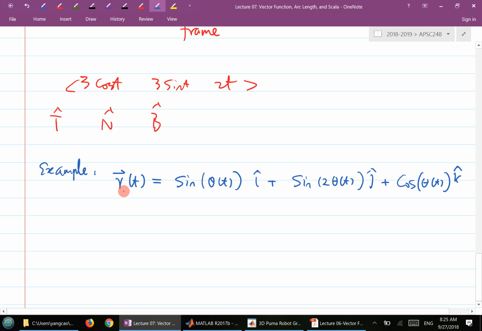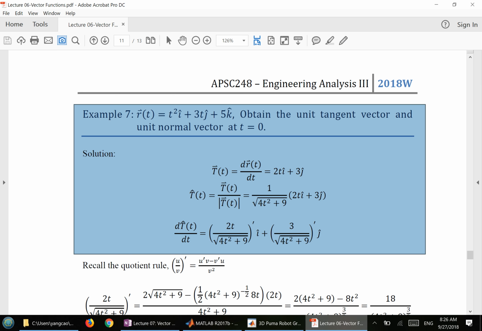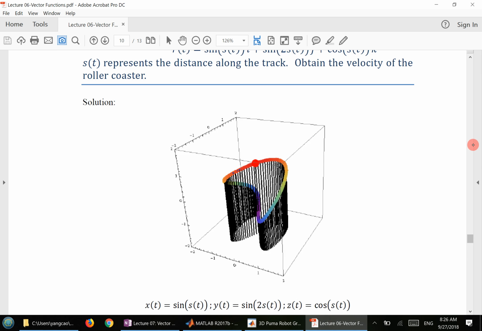So r ultimately is a function of t, but superficially r is a function of theta first. So r is a function of theta, and theta is a function of t. So ultimately r is a function of t. Now if you plot this out, you actually end up with a fairly interesting curve, what we call a roller coaster curve, a trajectory.